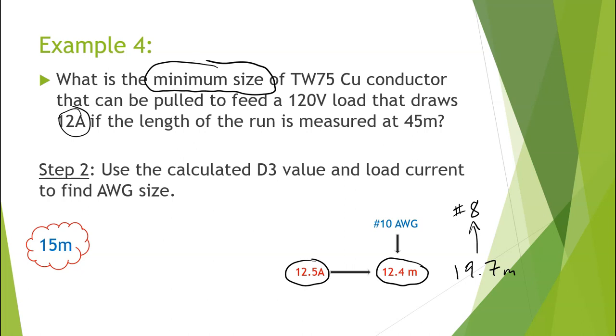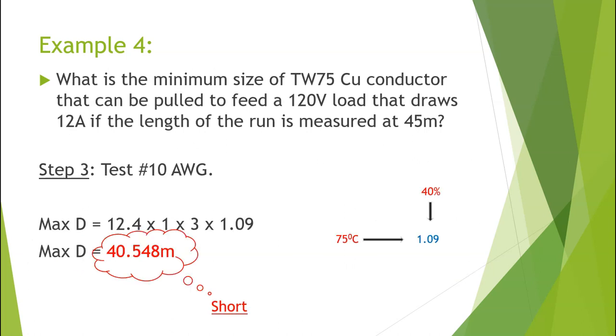So we will start with number 10, and we'll take our 12.4 value and carry that forward and actually run the full calculation now, having chosen number 10. The result of that is that we take our 12.4, we multiply it by our total multiplication factor, which is 3, and then we get a DCF of 1.09 based on less than 40% loading.